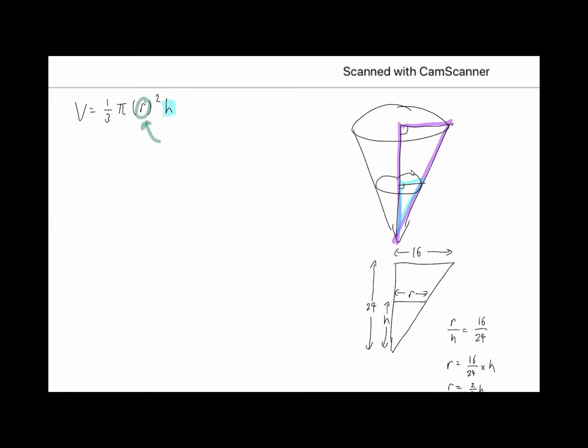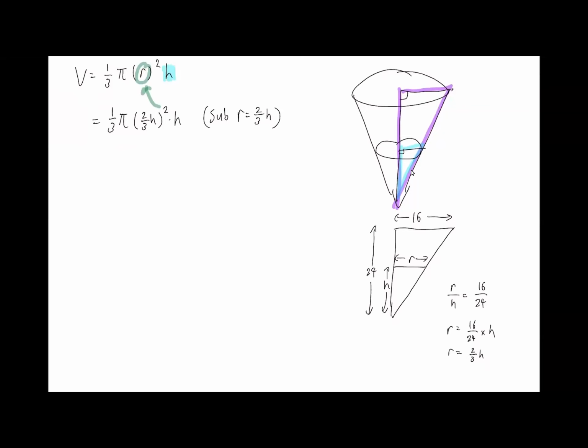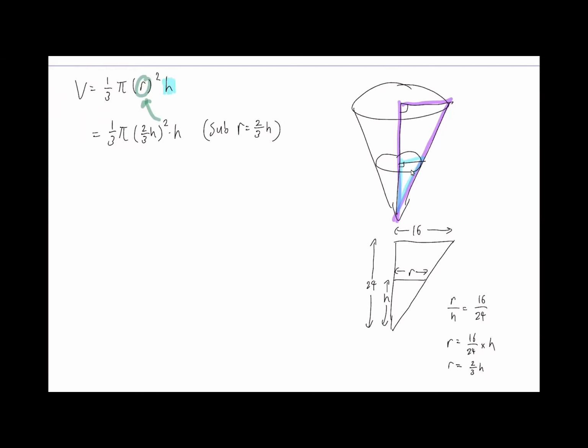I'll put down an equal sign, copy down everything else except for the R, which I replace with 2/3 H, times H. Then at the side, remind the examiner marking your paper what you did: you substitute R with 2/3 H. This is good enough, I think.